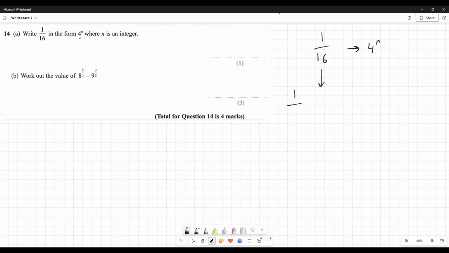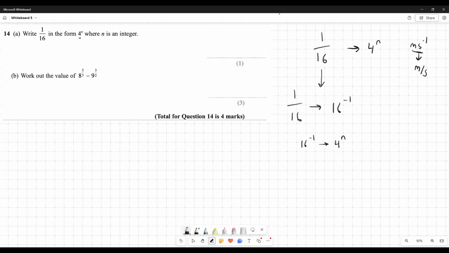So 1 over something is the same as just writing to the power of minus 1. Because if you think about it, when you write meters per second, we write ms to the minus 1. That's the same as meters per second. It's just an easier way of writing it and more clear. So if we put 16 to the power of minus 1, that is in a better and closer form to 4 to the power of n.